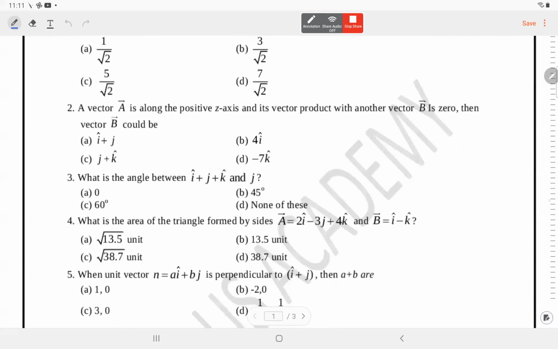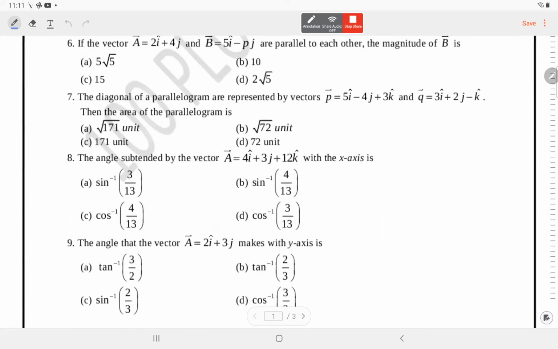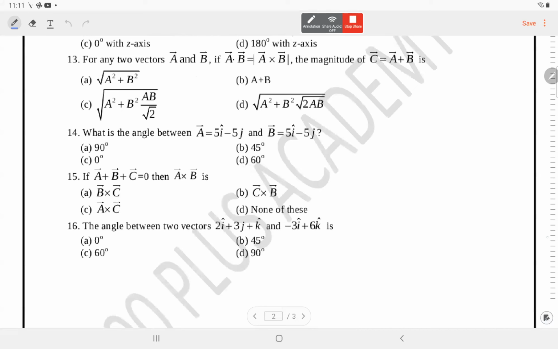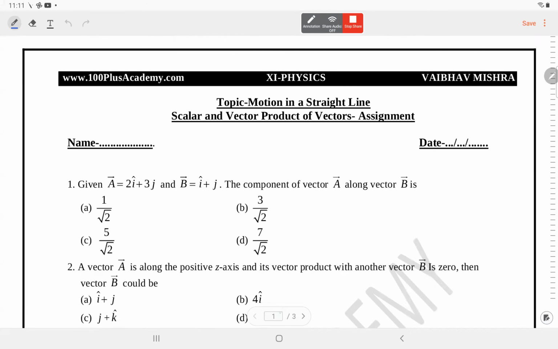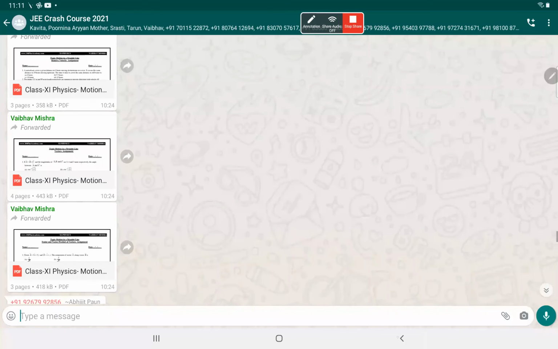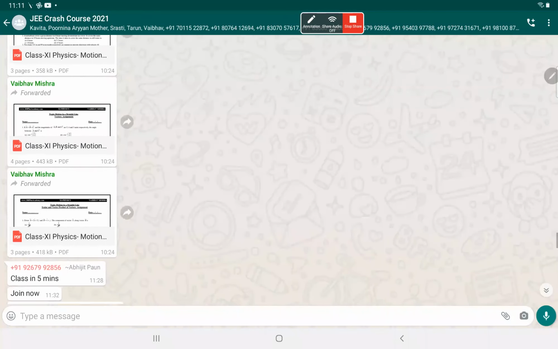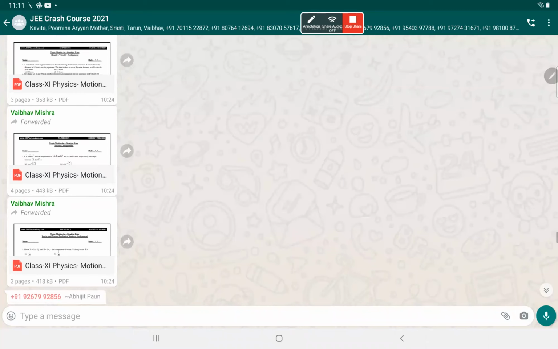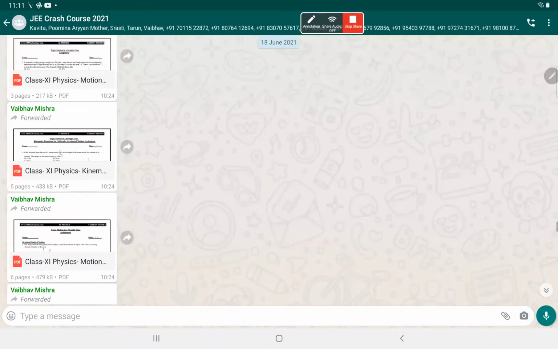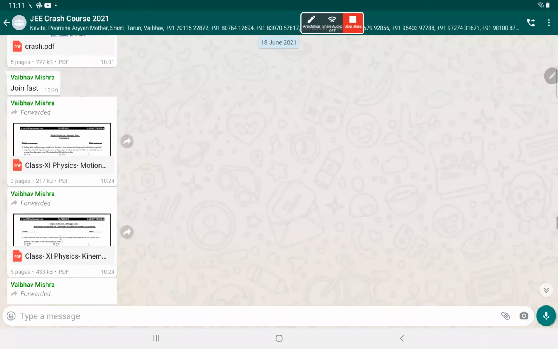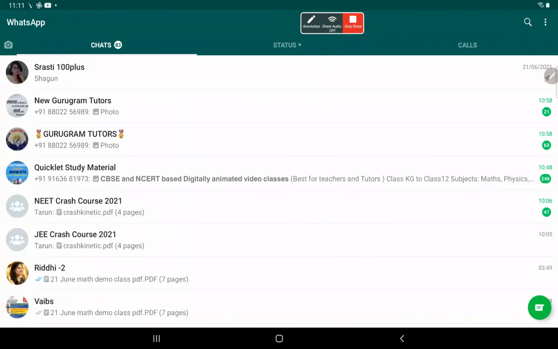You have to do this vector part on your own as homework. We will just go through the formulas of this vector, the vector product and scalar product. Okay, it's not there, so I will send it to you.